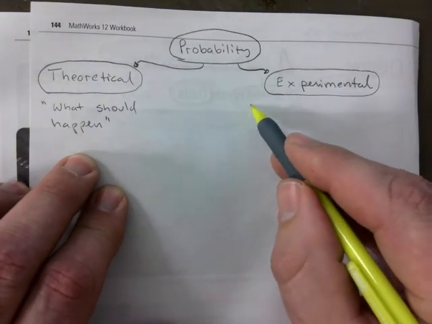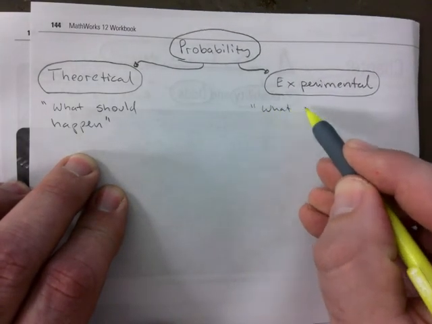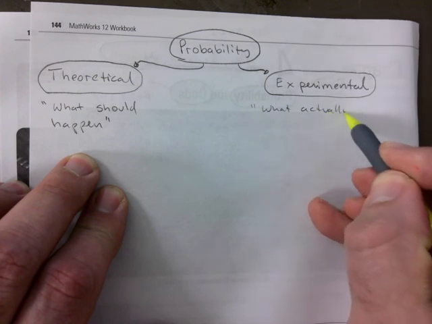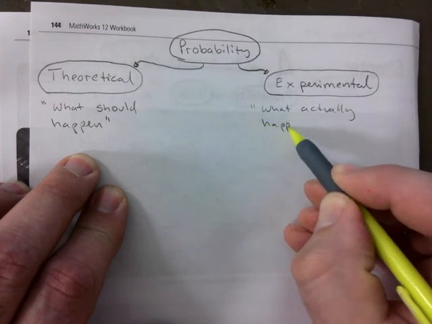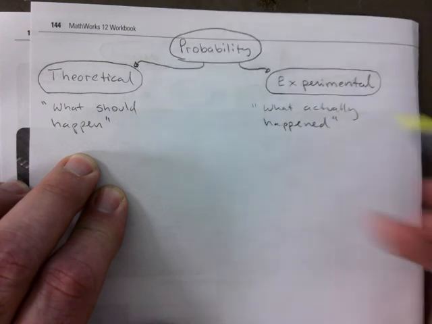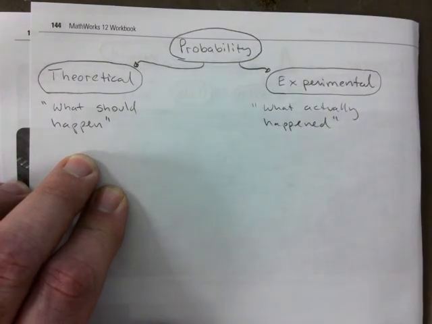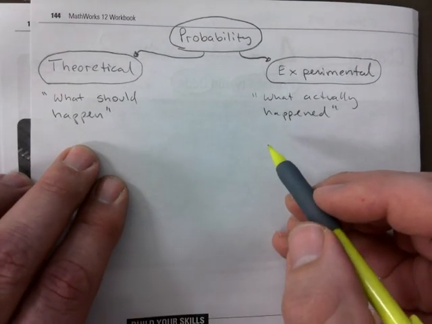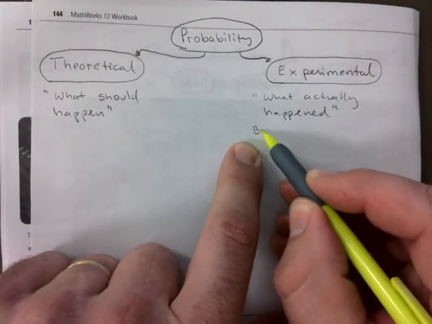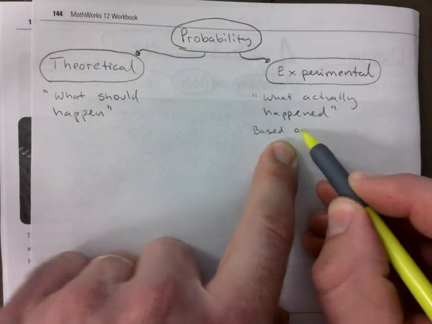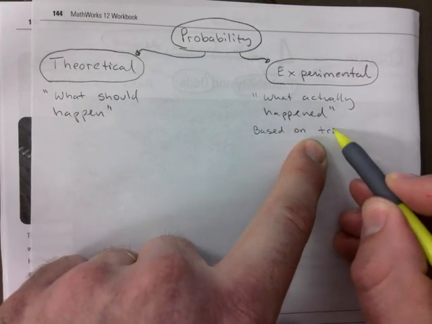And experimental is what actually happened. Right? Experimental is what actually happened. And this is based on trials.